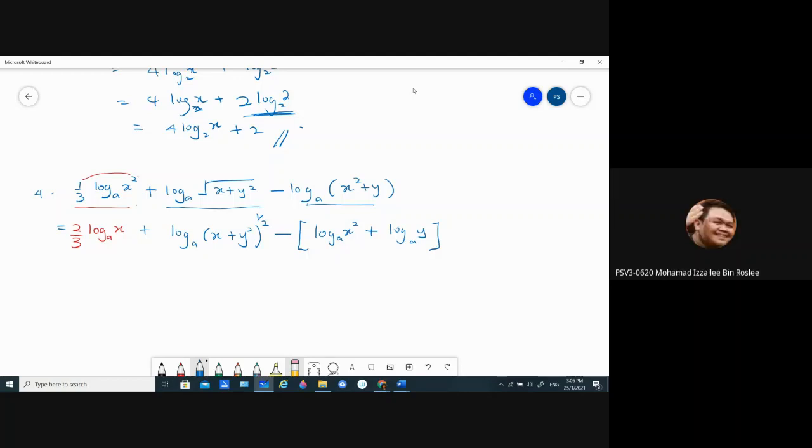Log a xy equals log a x plus log a y. Yeah. Same. Okay, wait.